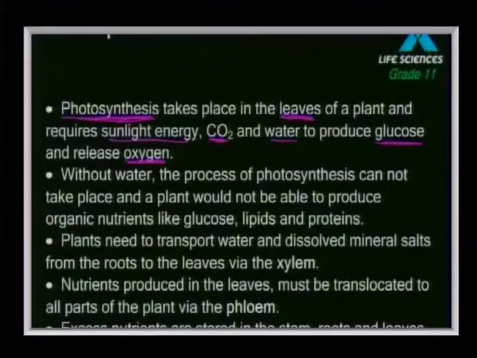Now, without water, there can be no photosynthesis. Why? Because we take the H2 and the O from the water, and we take the C from the carbon dioxide, and that's what makes the glucose, the carbohydrates. Carbon, hydrogen, and oxygen. And your hydrogen to oxygen ratio is always 2 to 1.